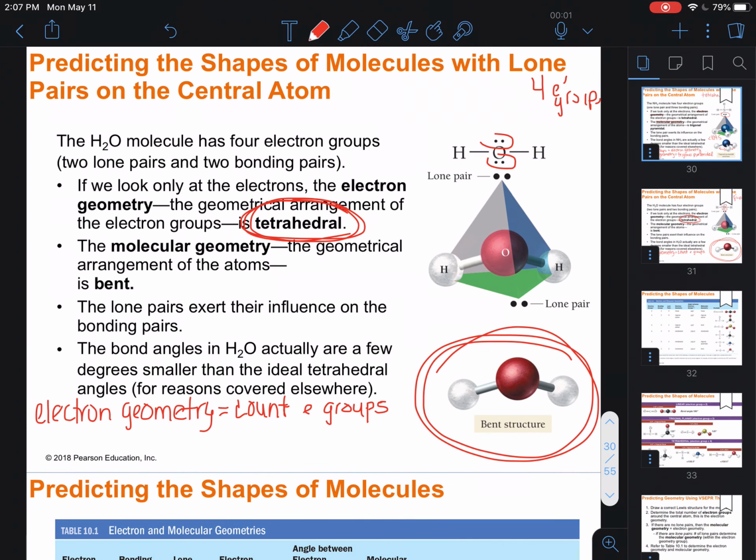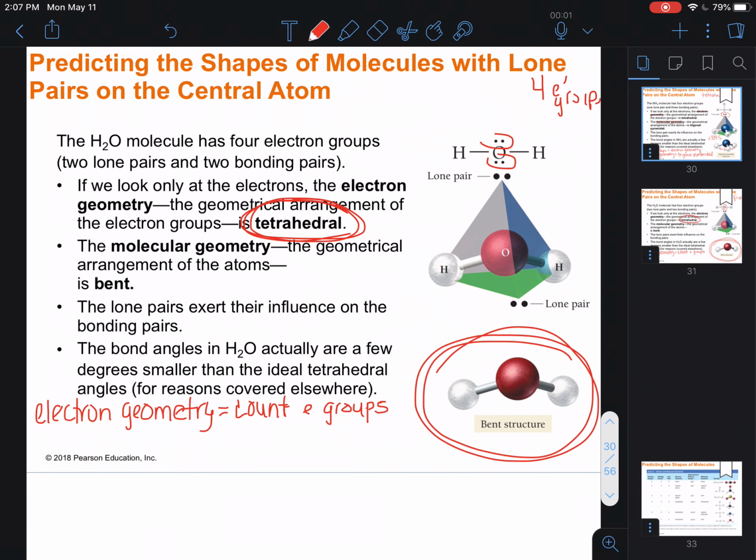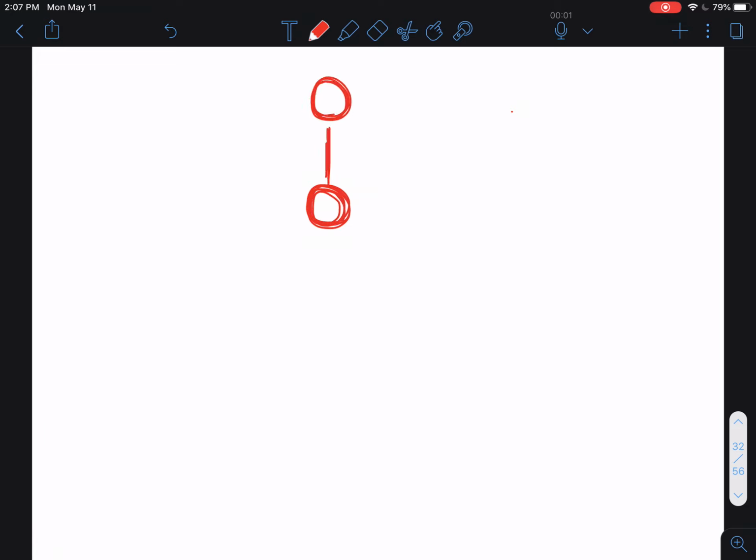This is so much better to teach in class. Let me just show you what I mean by this. So you're like, what are you talking about? You're saying bent, now you're saying tetrahedral. So remember, this is a generic example, this is my ball and stick example of a tetrahedral.